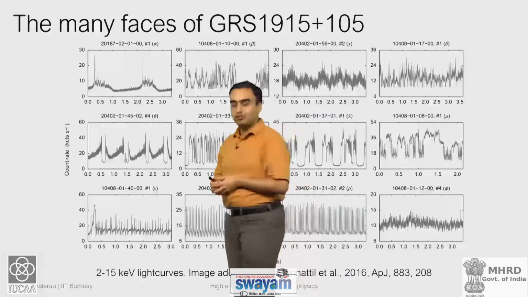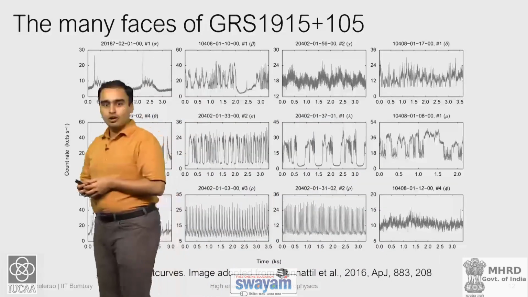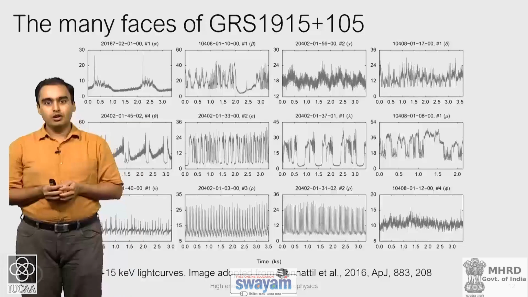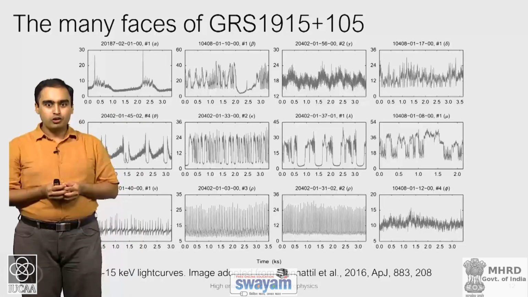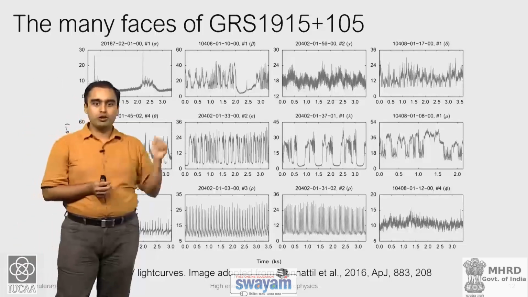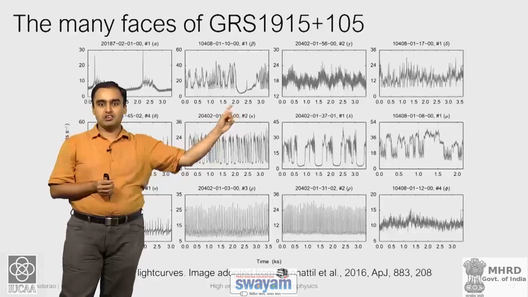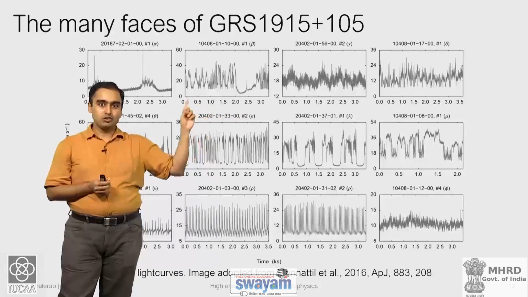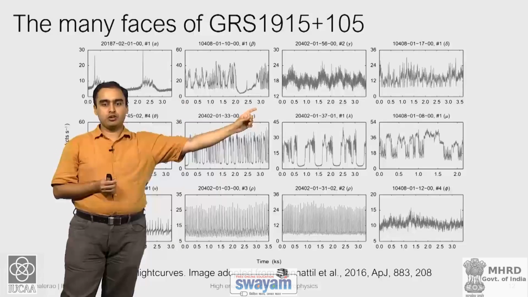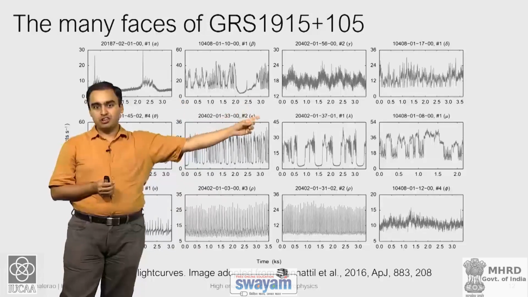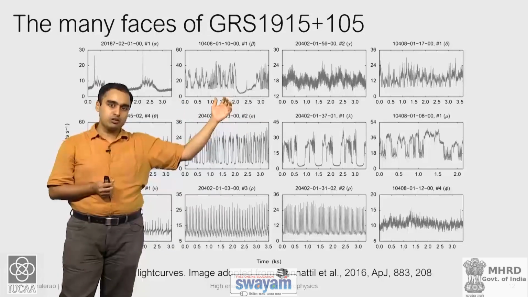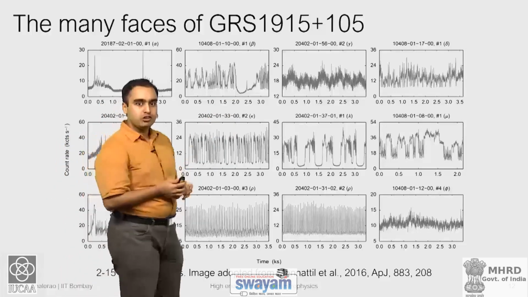So, here is a bunch of light curves, or observed variabilities, of a black hole. What is plotted on the x axis in each of these graphs is time in kiloseconds. Each of these extends for roughly 3600 seconds, so just about an hour, and these are observations on different dates.